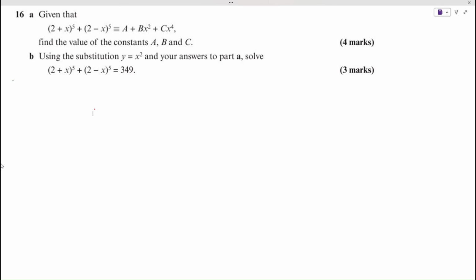So what we're going to do is expand, first of all, (2 + x) to the power of 5.